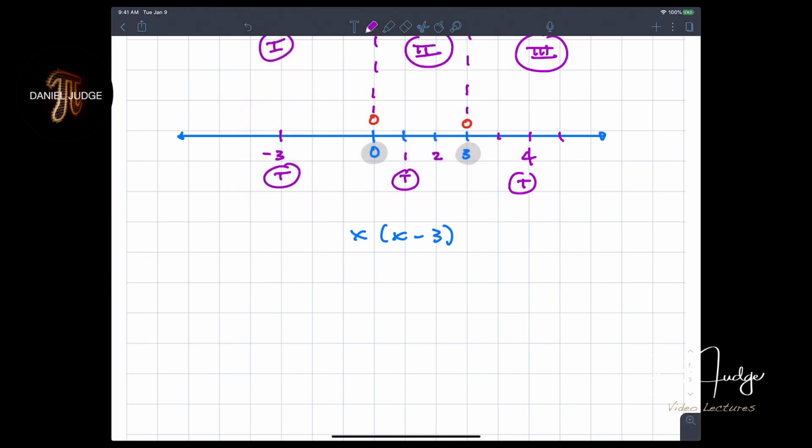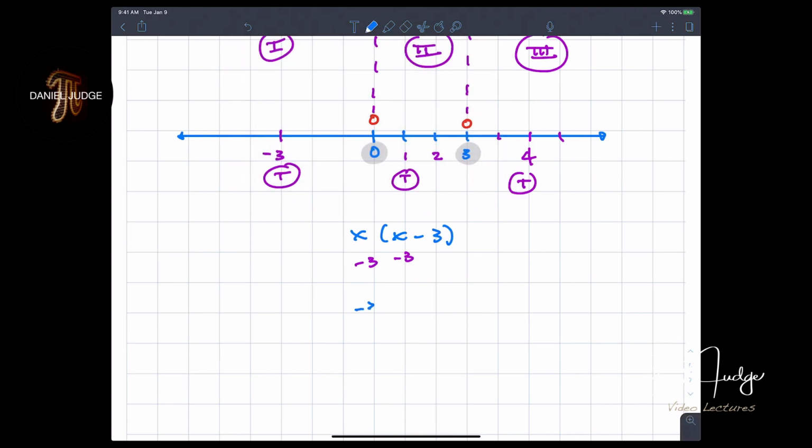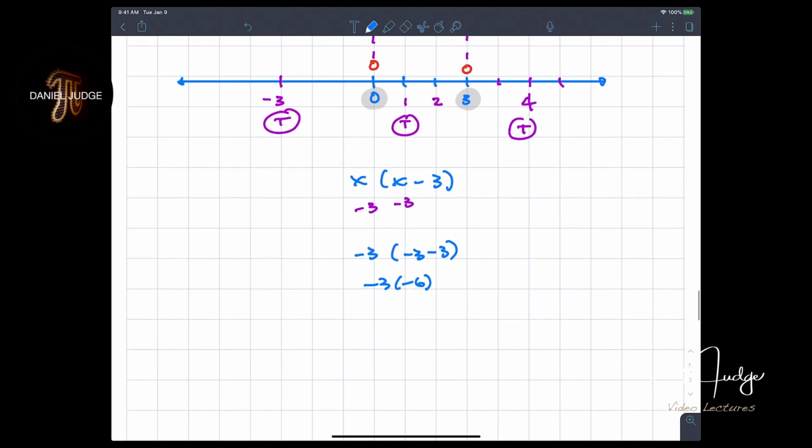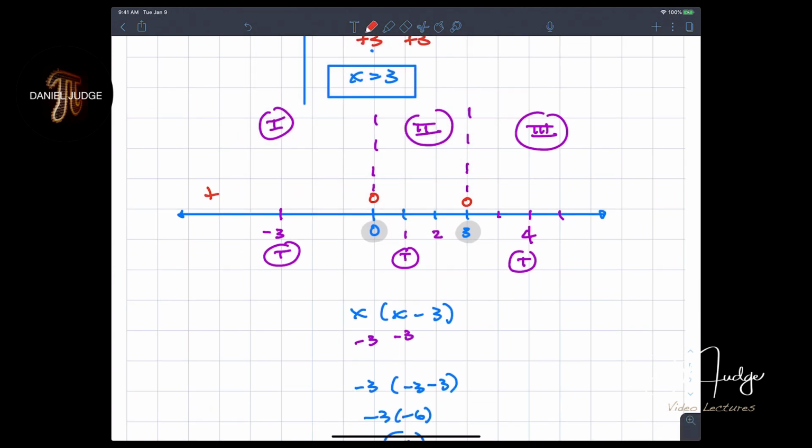I'm going to plug in -3 for x, and we get -3 times -3 minus 3, or -3 times -6, and a negative times a negative is positive. That's positive 18. So region 1, we know, is positive.